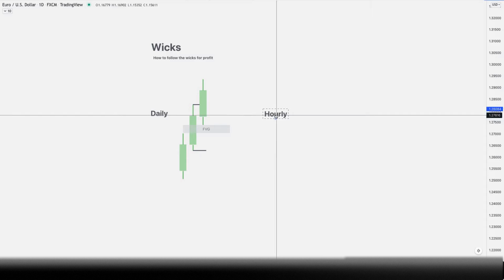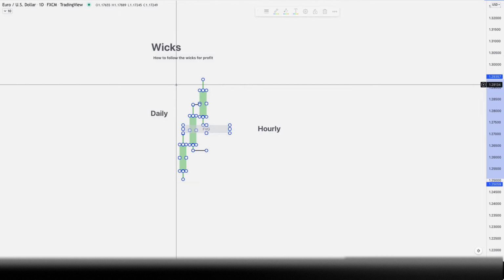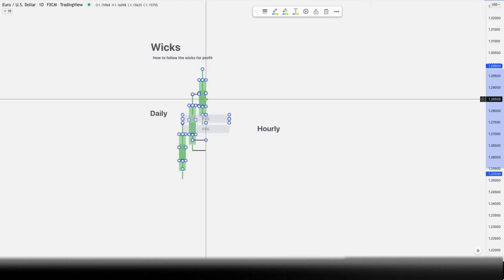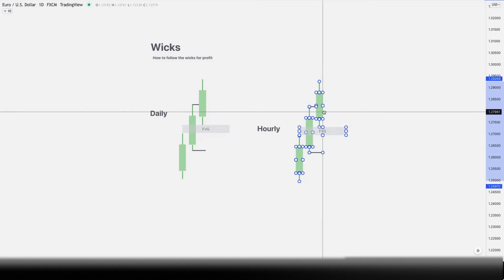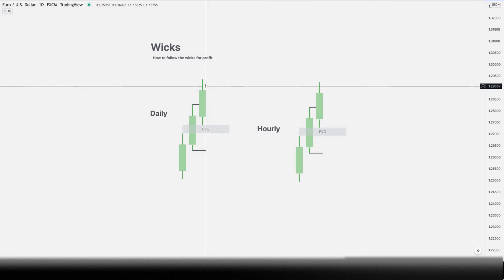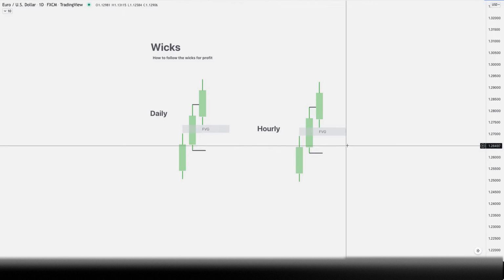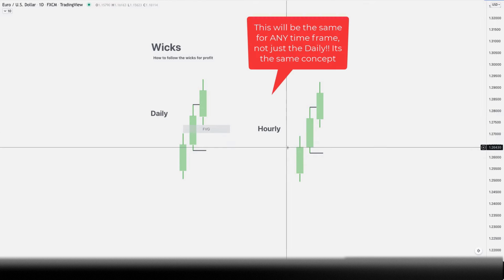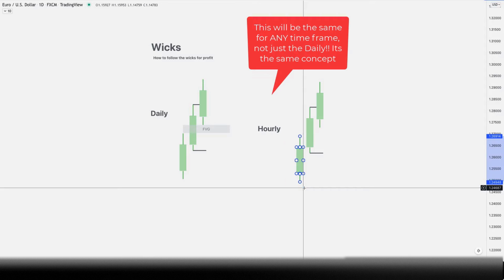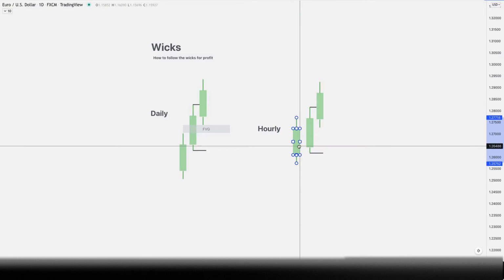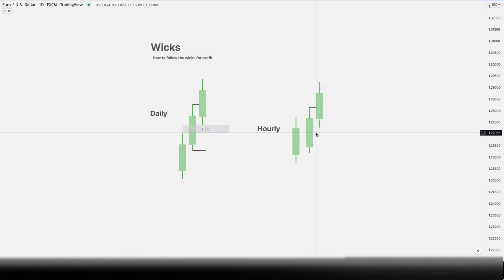We're just going to say this is your hourly trend. So if your daily is up and there's a fair value gap in the daily, what will start to happen is your hourly will break its trend.